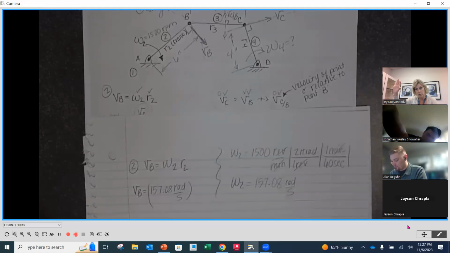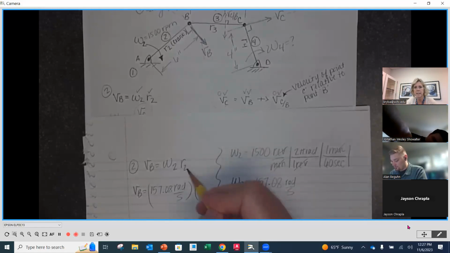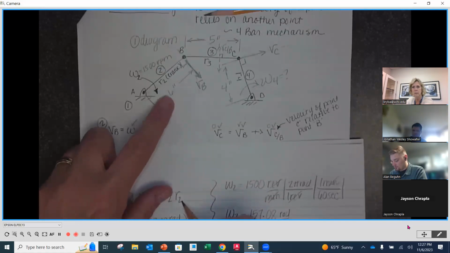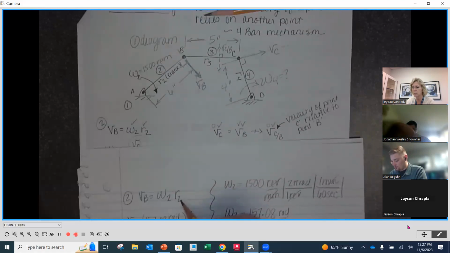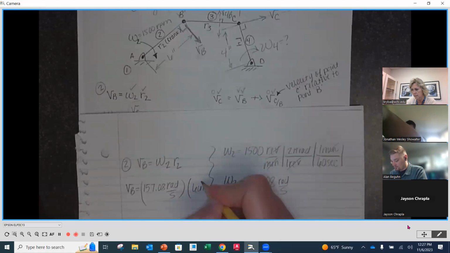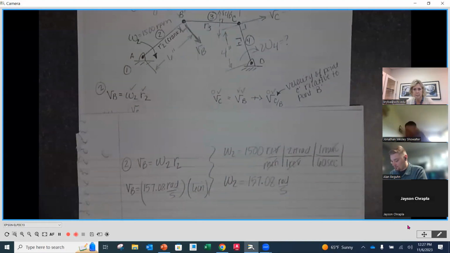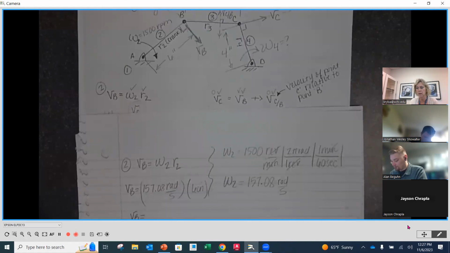You know, what's in the denominator, what's in the numerator. Times the radius or the length of that crank, that link number 2, and that's going to be 6 inches. So we're going to take our 157.08 times 6, and that is going to be the magnitude of the velocity of B. What do we get?